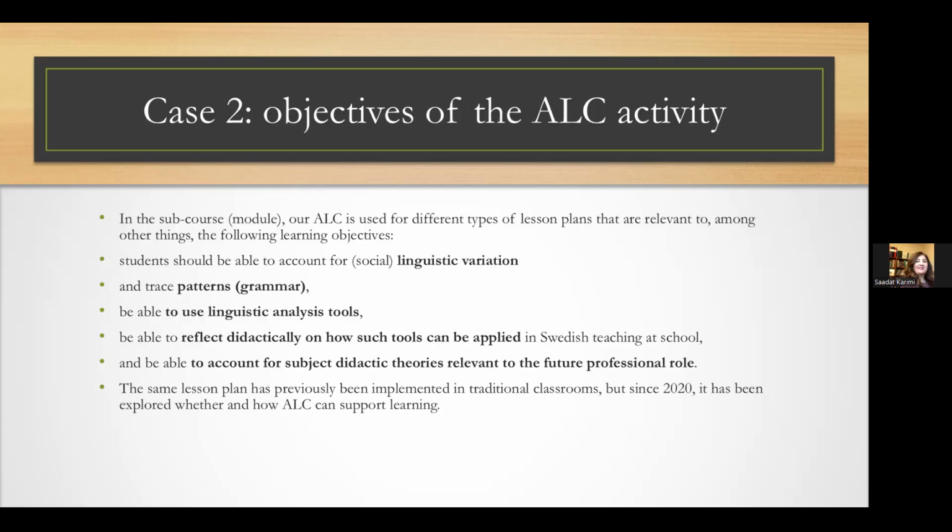Students should be able to use linguistic analysis tools, be able to reflect didactically on how such tools can be applied in Swedish teaching at school, and be able to account for subject didactic theories relevant to the future professional role. The same lesson plan has previously been implemented in traditional classrooms, but since 2020, it has been explored whether and how ALC can support learning.